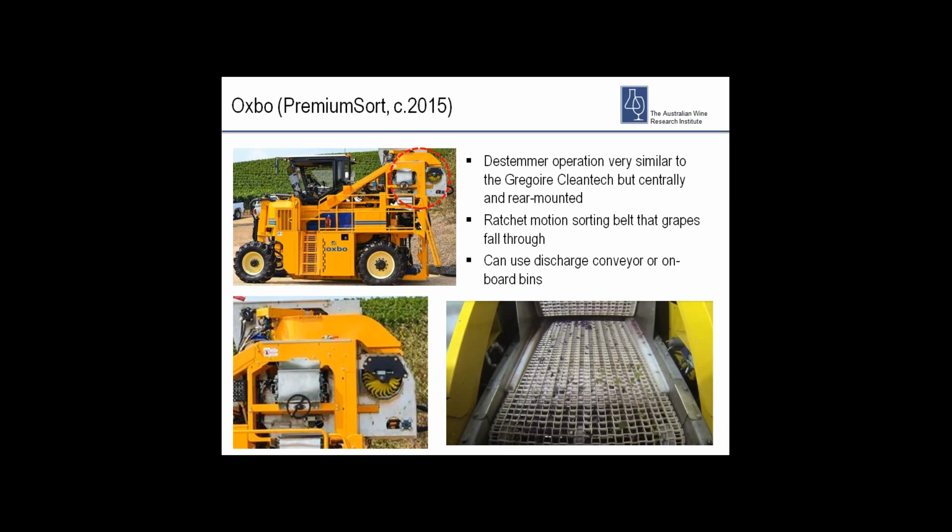This belt moves in a sort of ratcheting motion, faster, slower, to shake the grapes through. Like the ERO device, this machine is compatible with a discharge conveyor across to a chaser tractor with a bin, but unlike the ERO device, grapes are conveyed up both sides of the harvester.